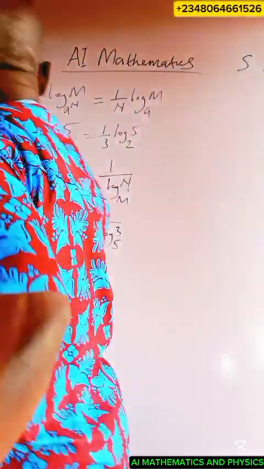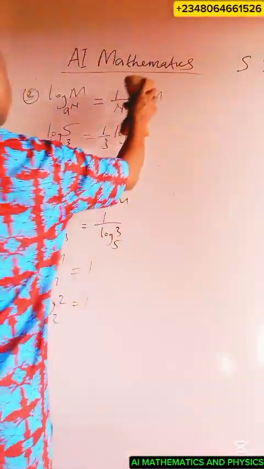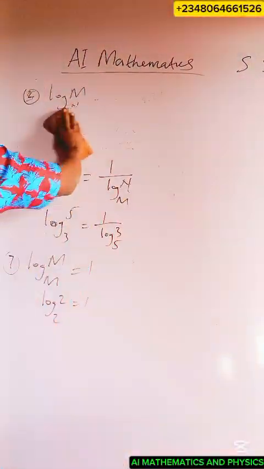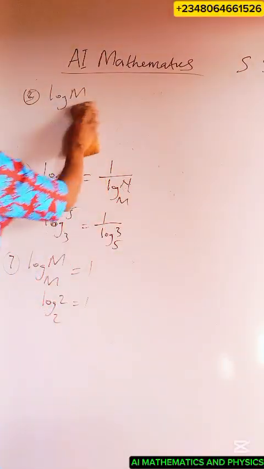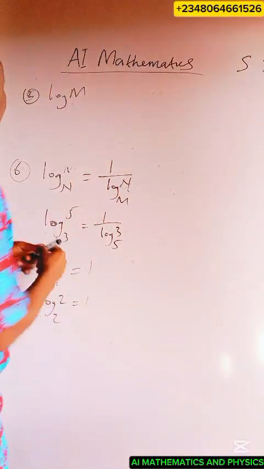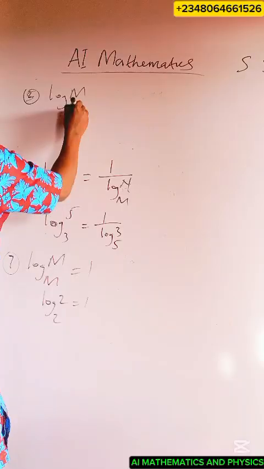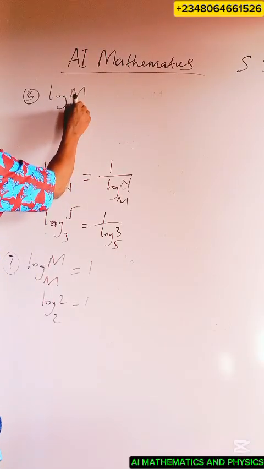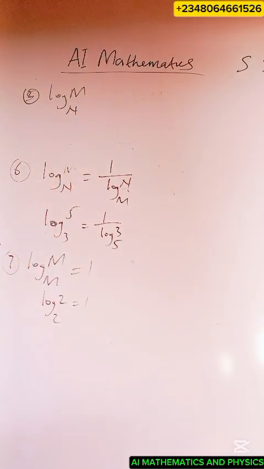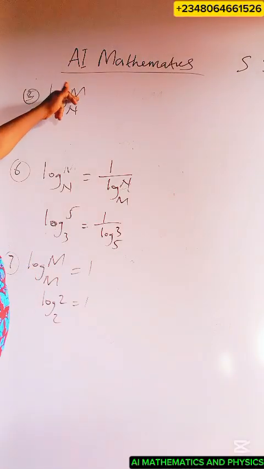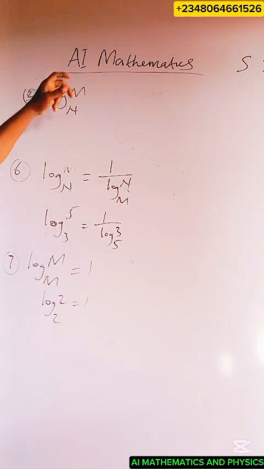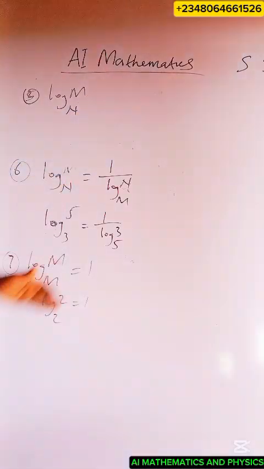Another very important rule is this. Let's say you are solving a question again, but you don't need base n. Also, you don't need base m, but you need base a.